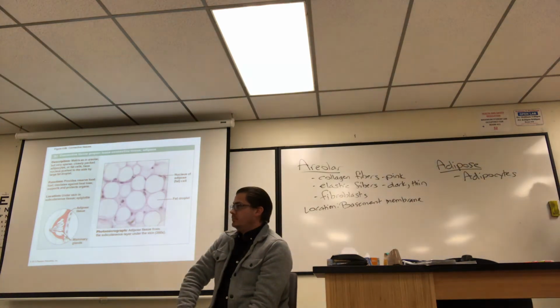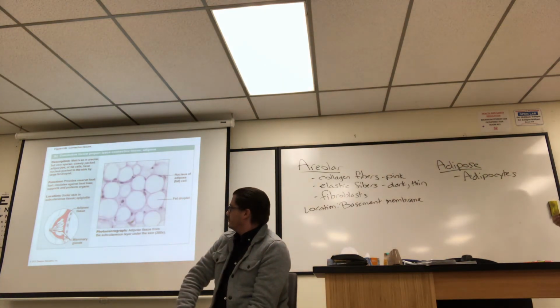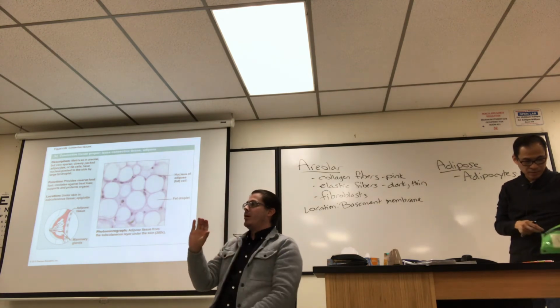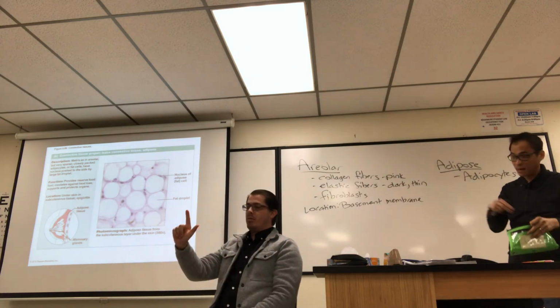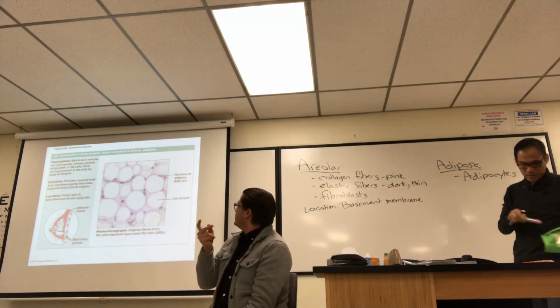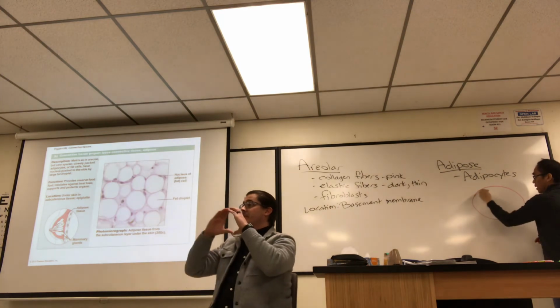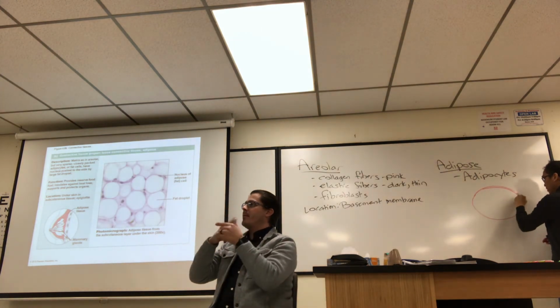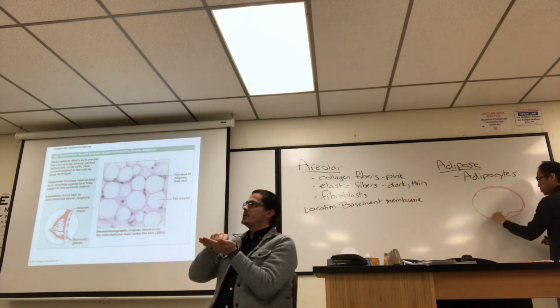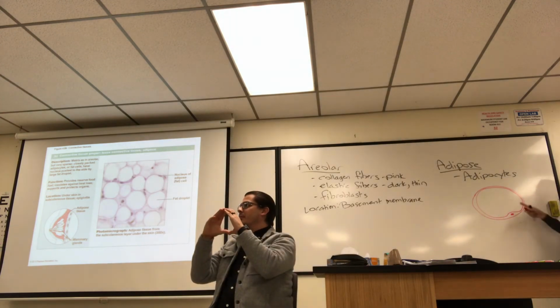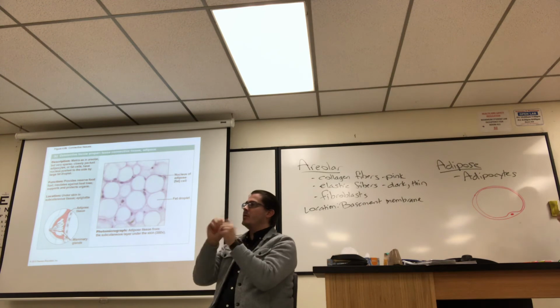Tiny bubbles, and well, the cell is filled with cholesterol, which does not take a stain, so they're difficult to view. You can barely make out their cell membrane there. So it's like you have a cell, and the nucleus is pushed to the outer edge, and the adipocyte is filled with cholesterol that doesn't take up a stain.